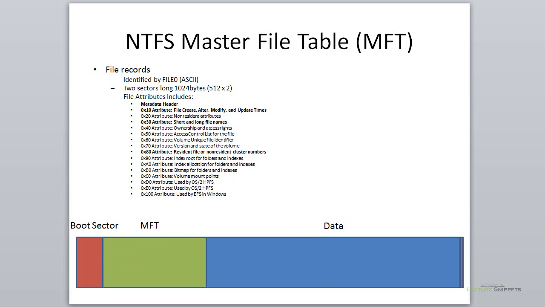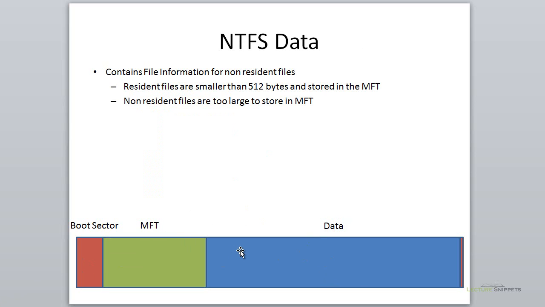Now, the data area is going to contain the files that can't fit within the MFT. If the file is bigger than 512 bytes, typically it will not be stored in the master file table. It'll be stored outside of it, in an area of data that we have on our hard drive. So it'll be writing different cluster areas on a hard drive, and the file will be stored somewhere in this data area. Then that 80 attribute that I mentioned will point to where that file is located.